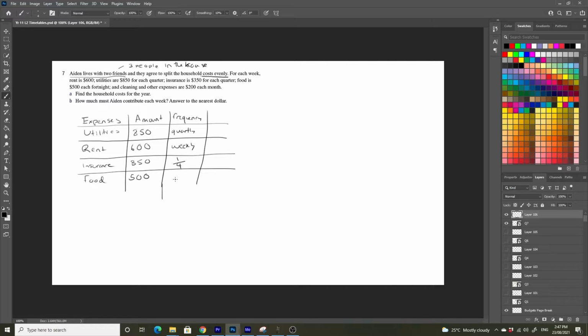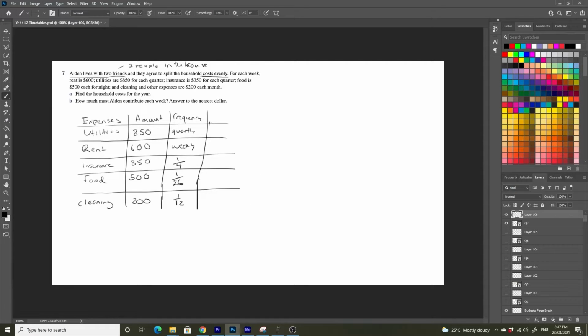And that's fortnightly, so we'll pay this one in 26, because there are 26 fortnights in the year. And we've got cleaning. Cleaning is going to be monthly, 200.